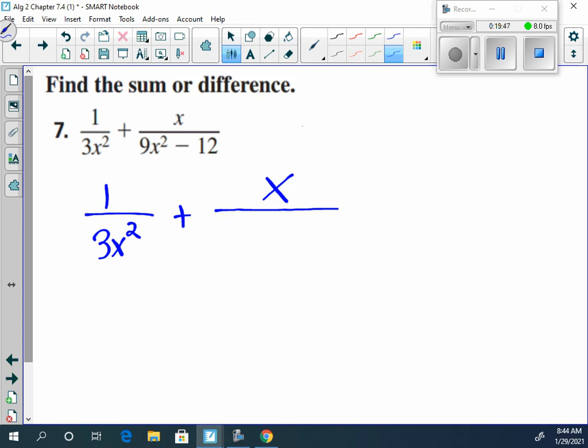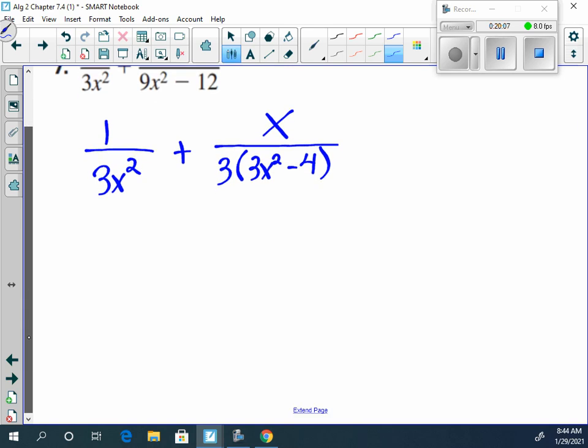Right, 9x squared and 12 can be reduced by 3, leaving us with... So is 3x squared minus 4 a difference of perfect squares?